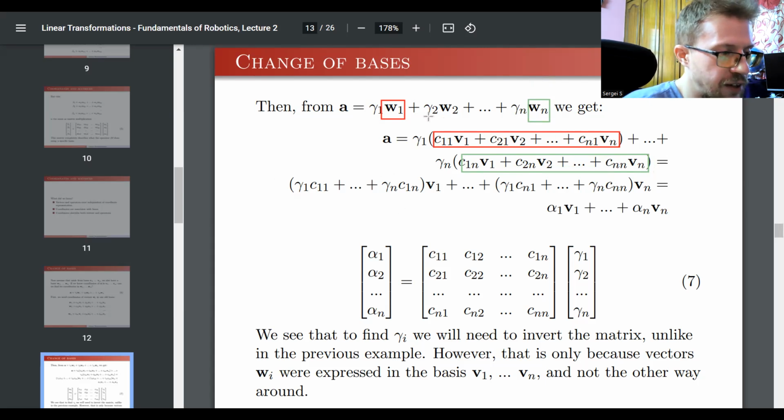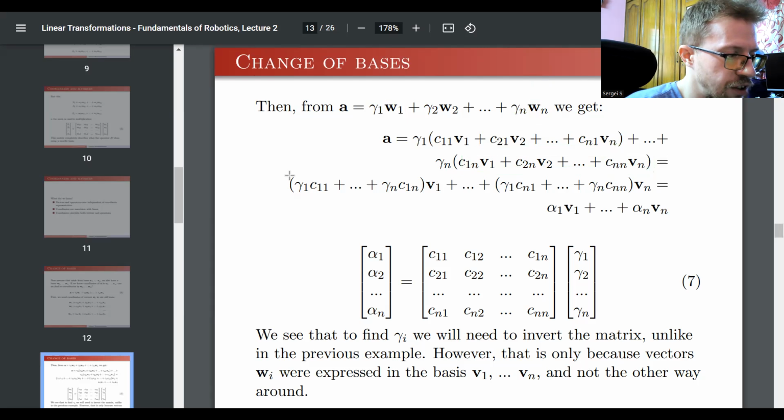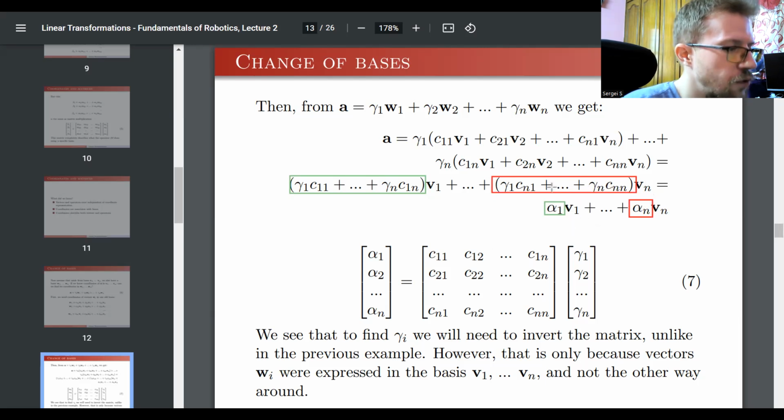And we open the brackets as before. And we find some relations between the coefficients in front of V1 and what we know, the coordinates of A, so alpha 1. Some relations between the coefficients in front of Vn and what we know, the coordinate of A, so alpha n. Okay. So we find this relation.